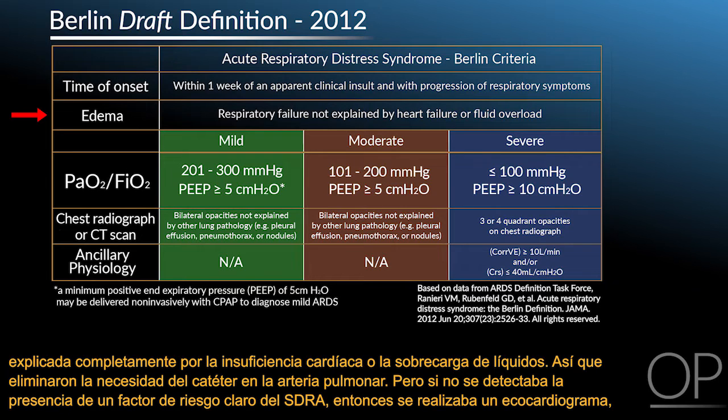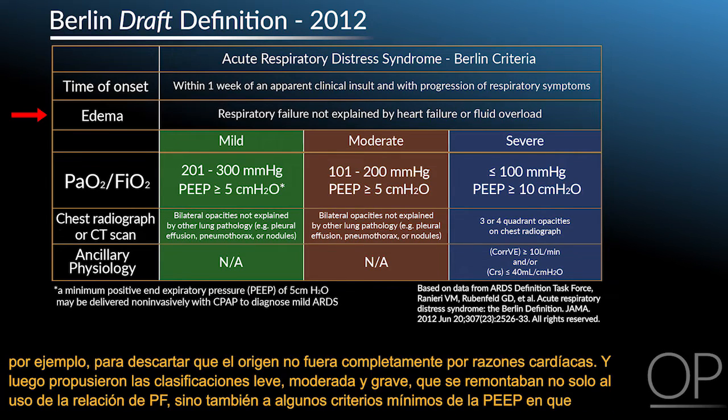So they got rid of the requirement for the PA catheter, but if there was no clear ARDS risk factor that was present, then you would use an echocardiogram, for example, to rule out that the origin was not all from cardiac reasons.